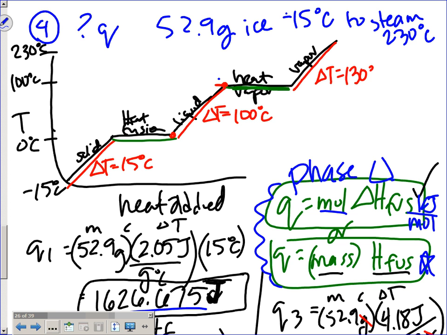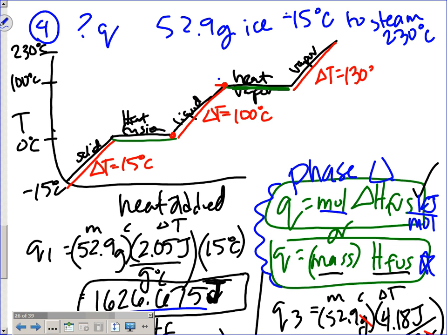Which one? Let's try to finish this. You have to use, see the things you circled in the green? The things you circled in the green? Yeah.